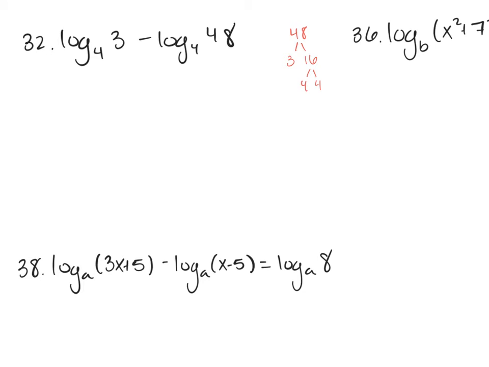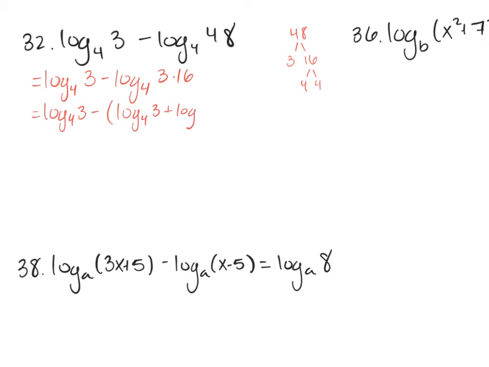Plus, if I have something with an argument 3, I can potentially cancel it out with this first logarithm that also has argument 3. So this is going to break up into log base 4 of 3 minus log base 4 of 3 times 16, which is going to be log base 4 of 3 minus parentheses log base 4 of 3 plus log base 4 of 4 squared.